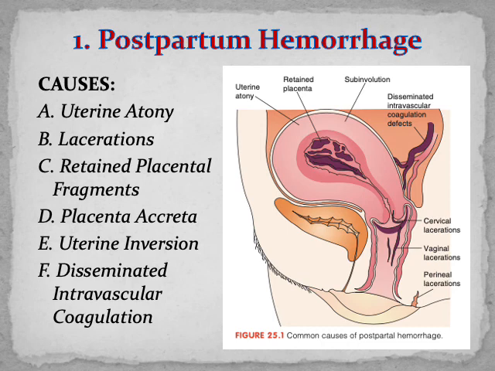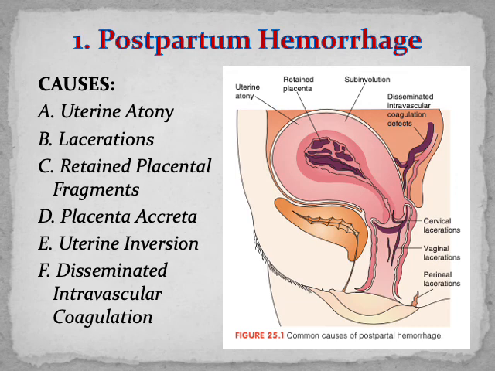Pag sinabi namang late postpartum hemorrhage, minsan nakauwi na yung mommy or madalas nakauwi na yung mommy from the hospital after giving birth. Sometimes it takes days, weeks, or even months na nagkakaroon siya ng hemorrhage. Ibig sabihin, normal naman yung pagdurugo nung mga unang araw o nung oras ng panganganak at pagkapanganak, pero ilang araw, ilang linggo o ilang buwan, biglang nagkaroon ng excessive bleeding or hemorrhage.